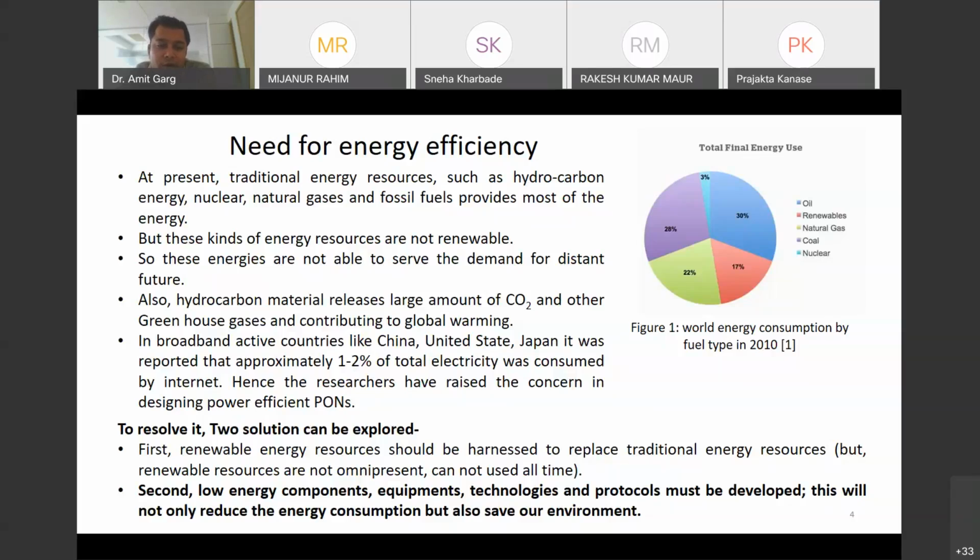Also, the hydrocarbon material releases a large amount of carbon dioxide, CO2, or other greenhouse gases, so that is also contributing to global warming.